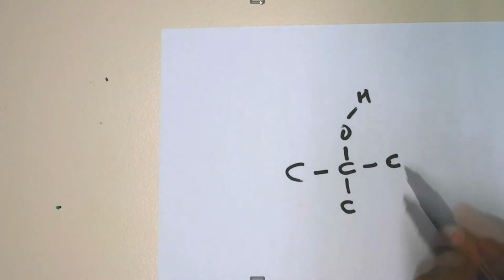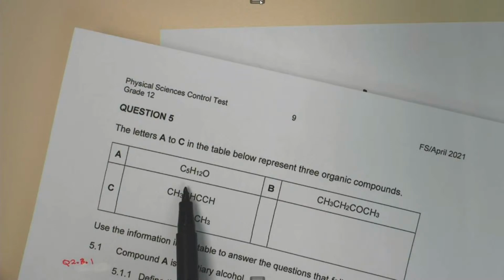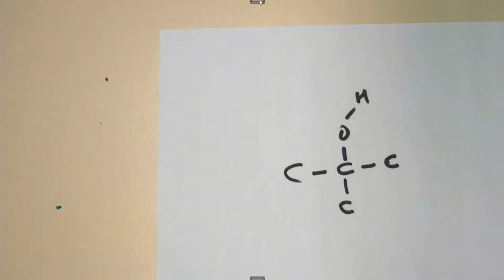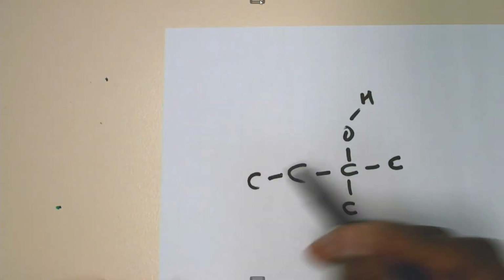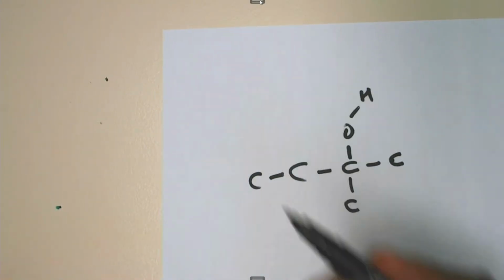Therefore, I will have 4 carbon atoms here. But the molecular formula has 5 carbon atoms. Therefore, it means I can put the 5th carbon atom anywhere here. It will still give me the same IUPAC name.